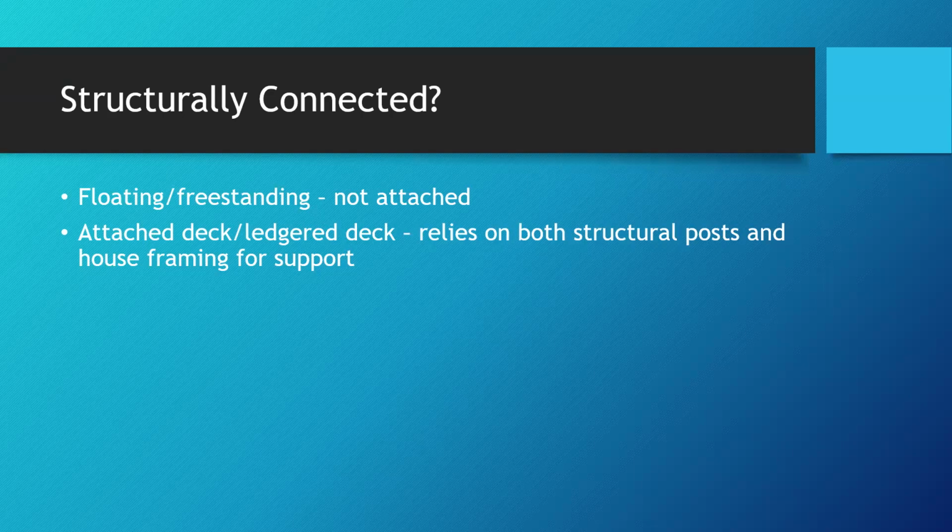And so it can be hard to tell the difference without really getting in there or seeing how it was constructed. So something that looks structurally connected may actually not be. And this is also something that's going to be required to be at or above the lowest adjacent grade for a letter of map change, like a LOMA. So distinguishing whether or not it's structurally connected could be an important factor in that. So I just wanted to point it out.